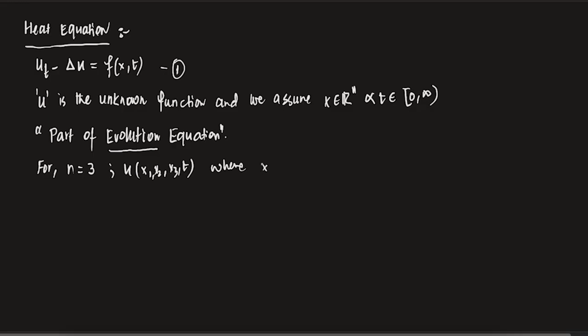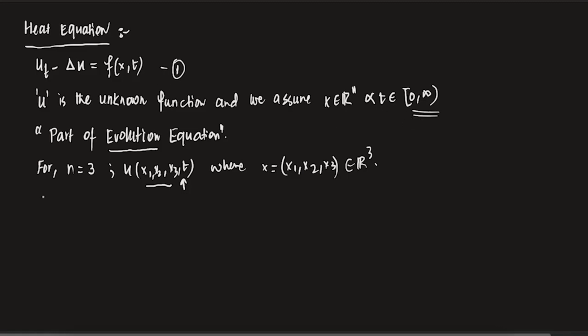Where x is given by x1, x2, x3, that is in R3. You might get confused here, so let me put it this way. You have a component from R3, the first 3 components, and there is a component of time. This t, we are assuming from 0 to infinity. So t is the time variable.